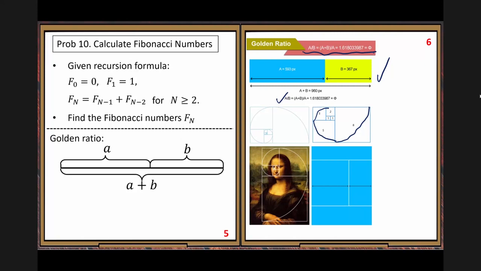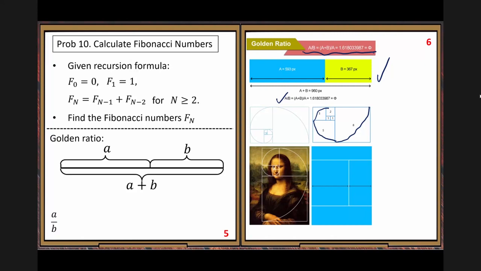Here you can find three different line segments: A, B, A plus B. Then they take the ratio of two line segments and argue that to make it a perfect ratio, it should be defined in this way. So what's that?